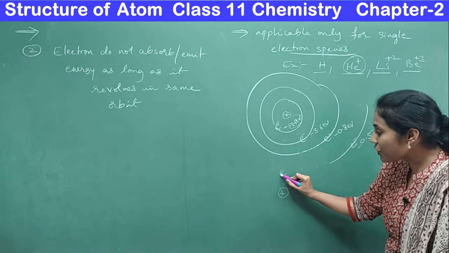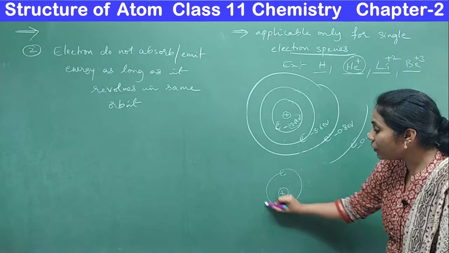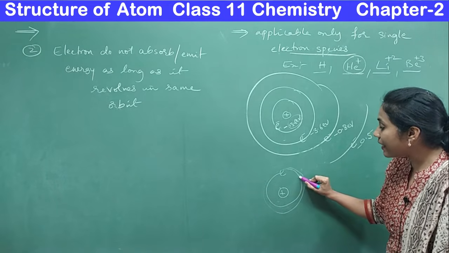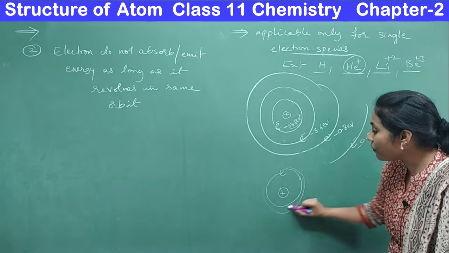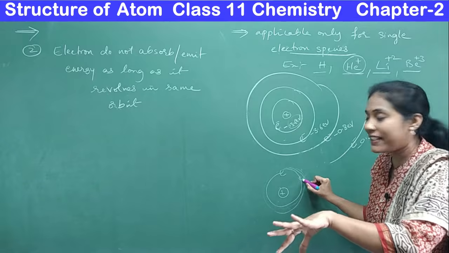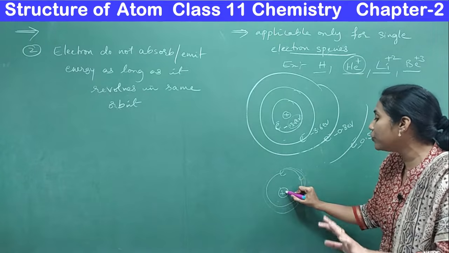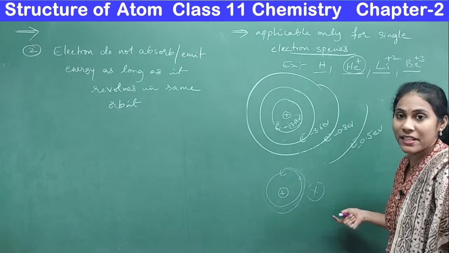But when a charged body continuously revolves in a circular fashion, it must emit energy. So as it revolves around the nucleus, it will lose all its energy one fine time and it may come and fall on the nucleus. So the atom collapses, the atom becomes unstable.